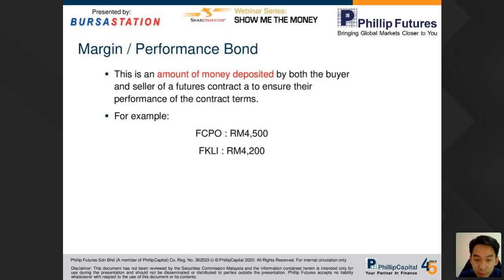What it means here is, if you want to enter one contract of FCPO, you need to have a minimum balance of 4,500 in your account. When you enter a position in FCPO, this 4,500 is not deducted. It just gets locked there. Whatever profit and losses will be deducted from this 4,500.